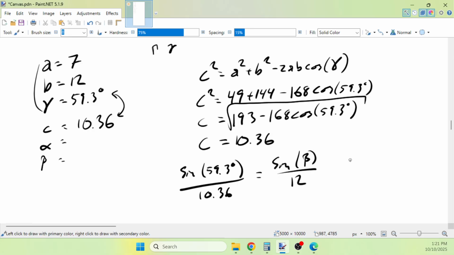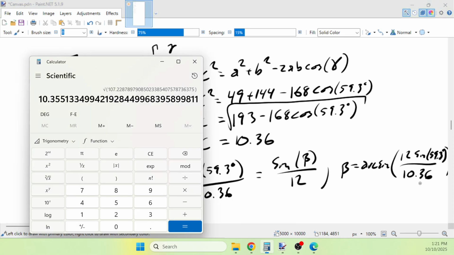Okay, so we get beta equals the inverse sine of 12 sine of degrees over 10 point. Calculator.